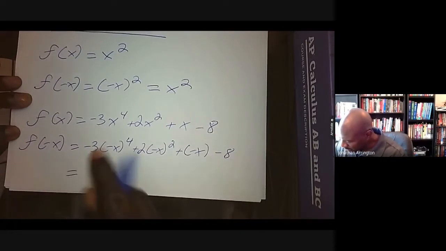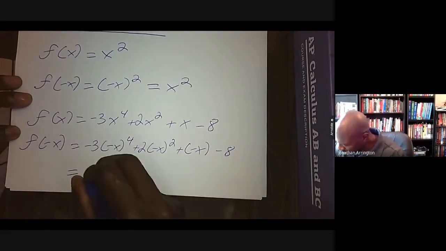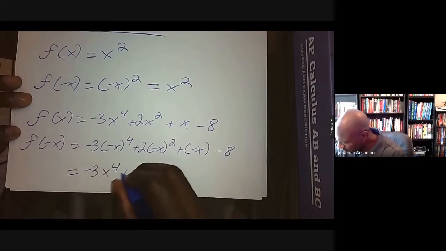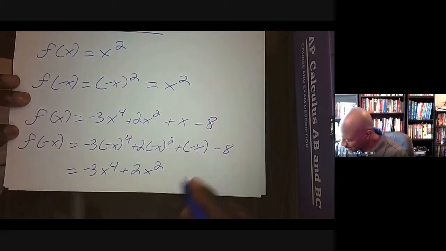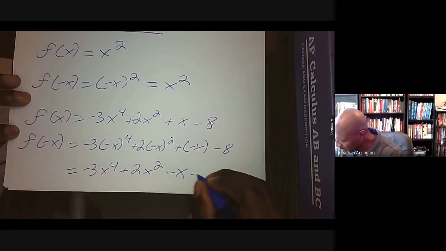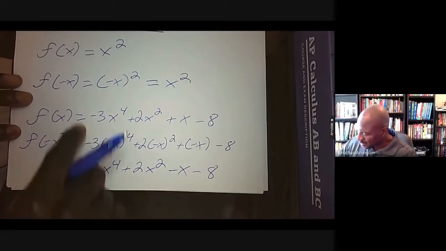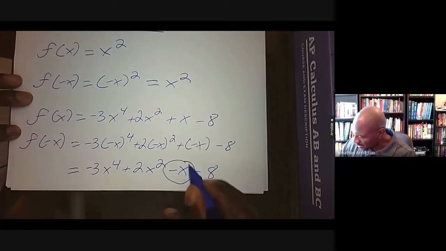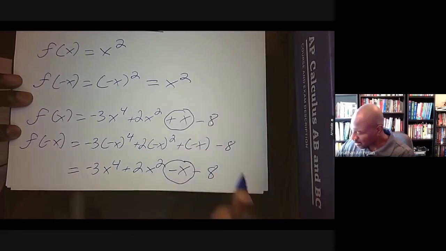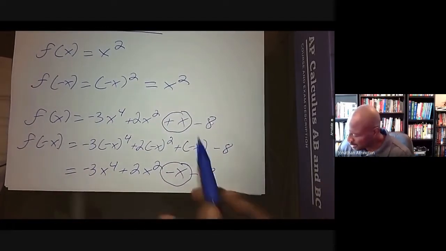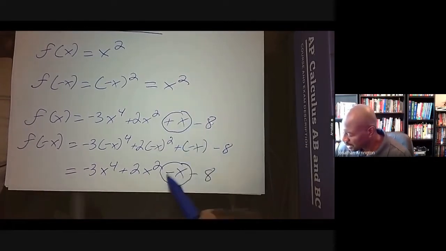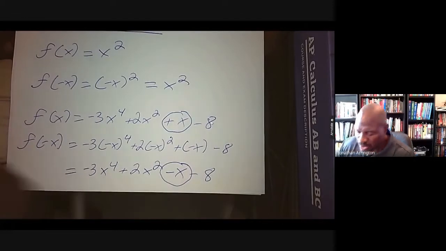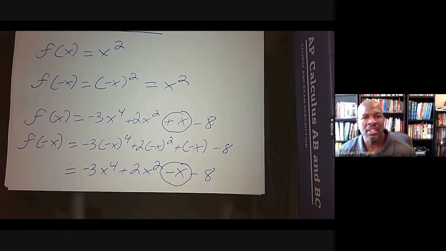If I simplify this, negative x to the fourth is just x to the fourth, and negative x squared is just x squared. But this negative x is going to stay negative x, minus 8. This is not the same as the original because this term is different, and what messed it up is that it is raised to an odd power, the power of 1. So again, for an even function, particularly if it's a polynomial, you just really need to see even exponents.